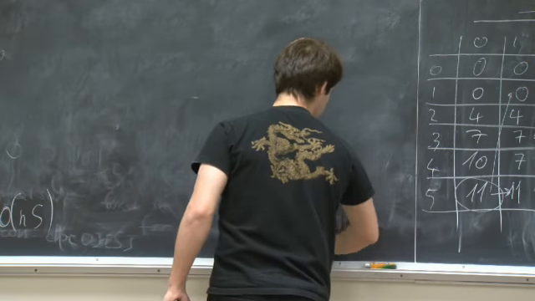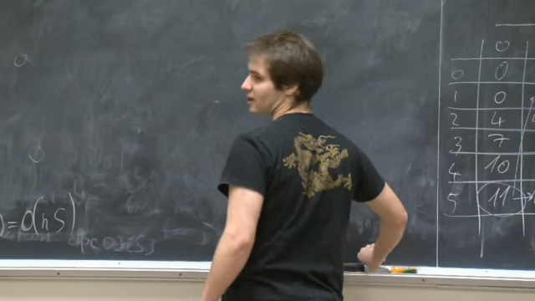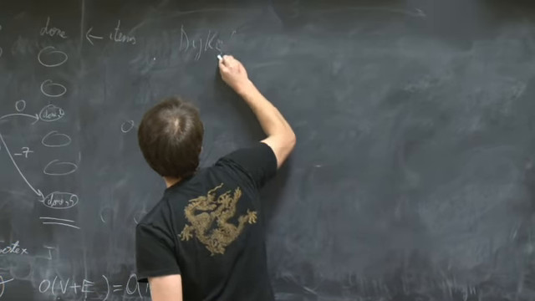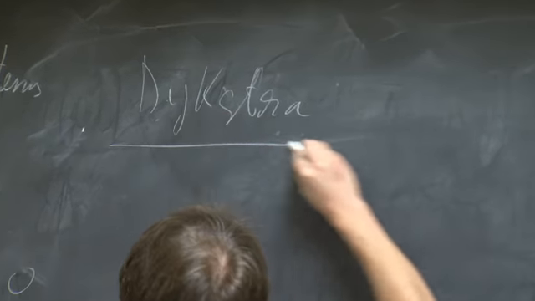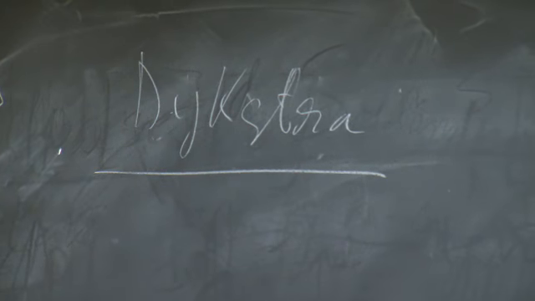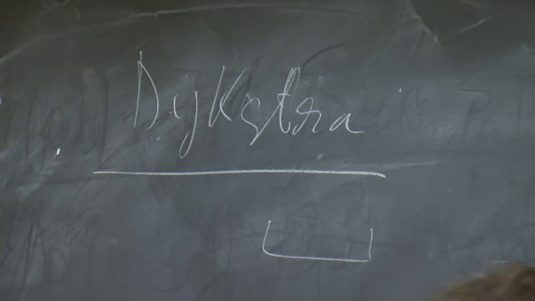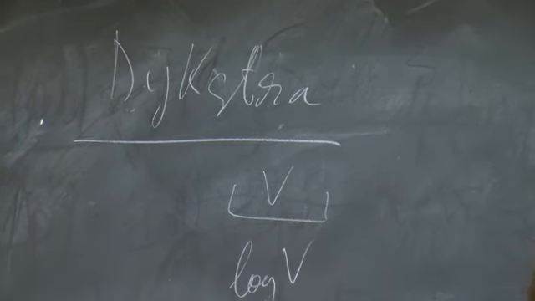Dijkstra. What's the input to Dijkstra? It's a graph, right? Nodes and edges. What does a graph look like? It's some number of nodes, so it's a single number. That's the number of nodes that has log V bits in it.